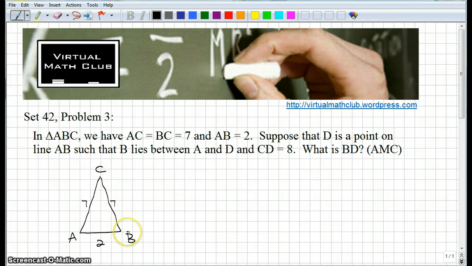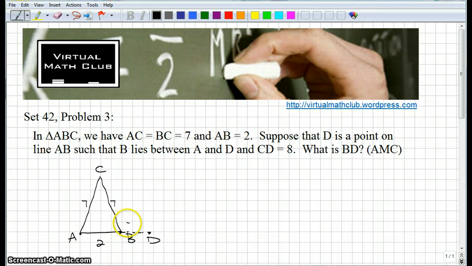So we have this point D on line AB such that B lies between A and D. So we actually have an extension of the base of this triangle, and we're going to call this point D. B is between A and D, so here's B and here's A.